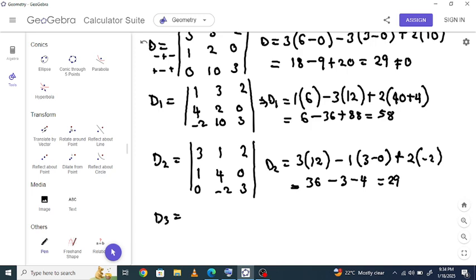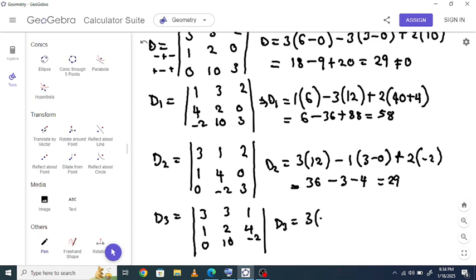D3. Now we are going to have 3, 1, 0, 3, 2, 10, and lastly 1, 4, negative 2. We get D3. We're going to have 3 into minus 4 minus 40, minus 3 into negative 2 minus 0, plus 1 into 10 minus 0, which is 10.